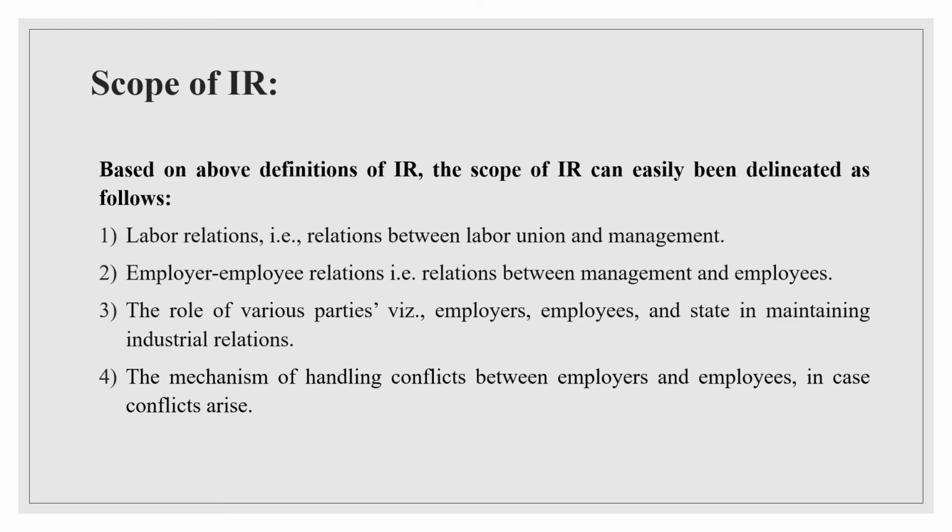First is the employer, second is the employee, and third is the state. State means state government. The fourth one is the mechanism of handling conflicts between the employer and employees in case conflict arises. So the basic and most important scope of IR is handling the conflicts between the employer and employees if a conflict arises.